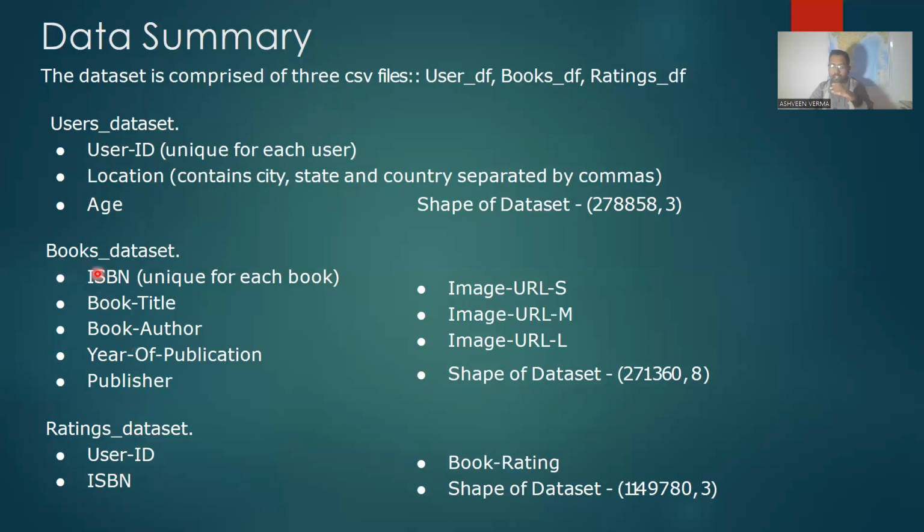So in this particular case, I have connected the ratings and the book dataset through the ISBN number, because these two are very much common in these two datasets. So I used a merge with respect to ISBN.